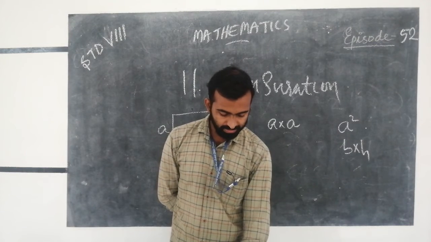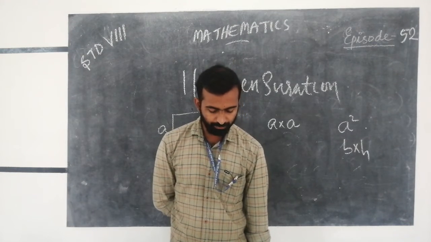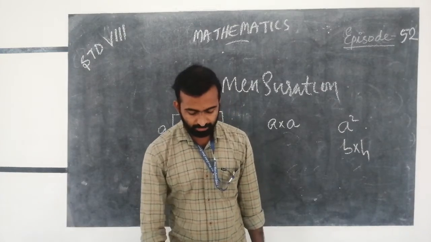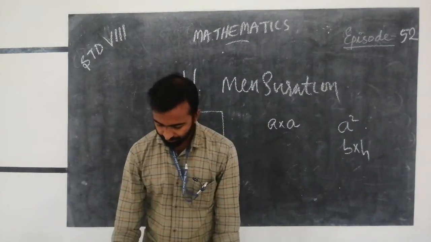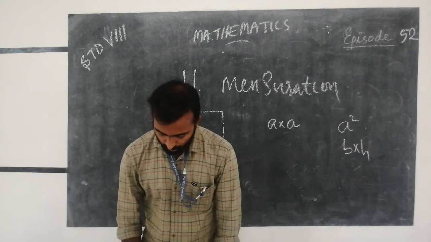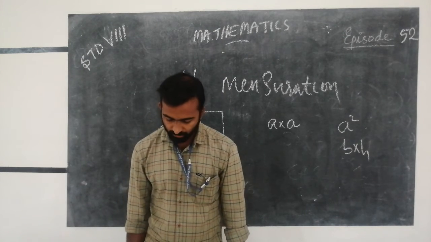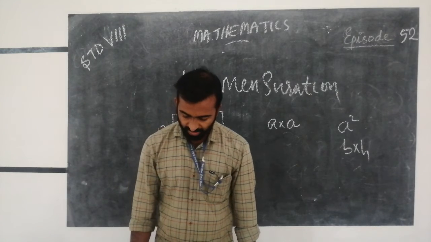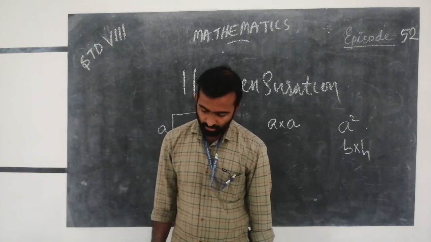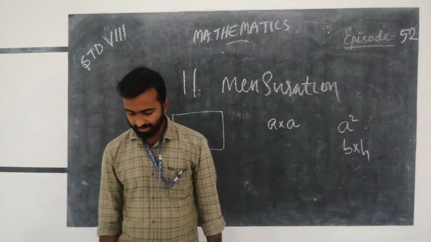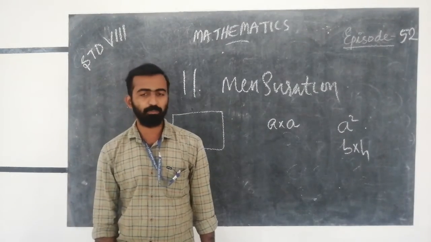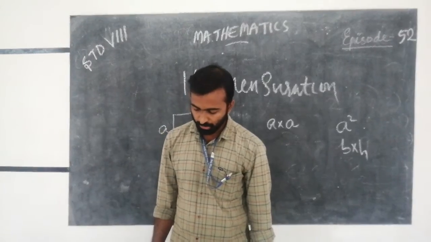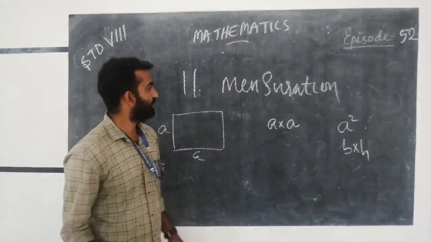This is a figure of a rectangular park whose length is 30 meter and width is 20 meter. First one is, what is the total length of the fence surrounding it? Total length of the fence surrounding it is equal to the perimeter of the park.